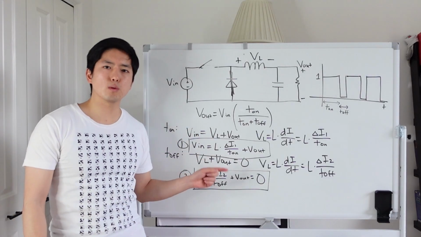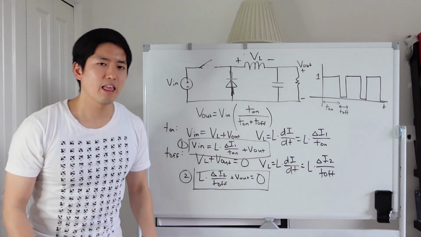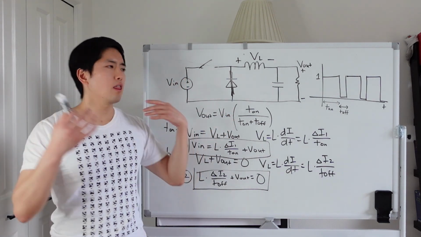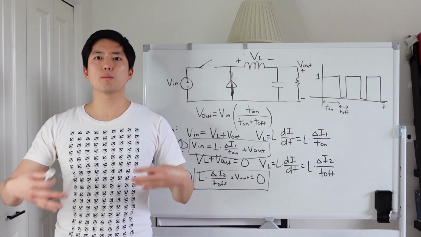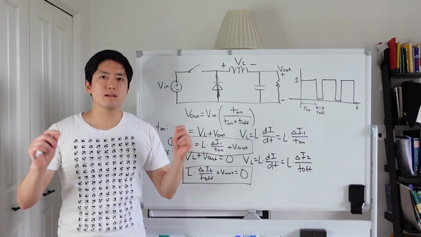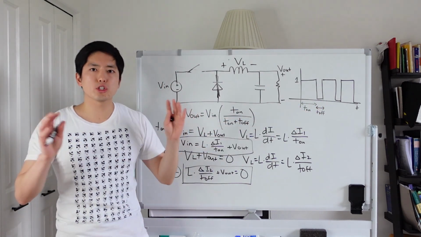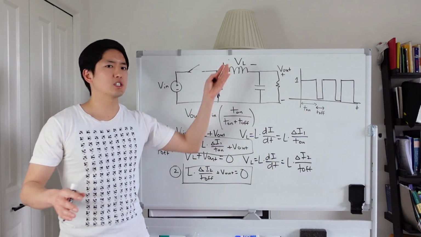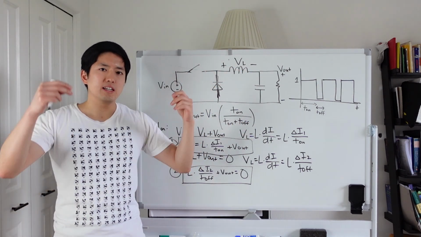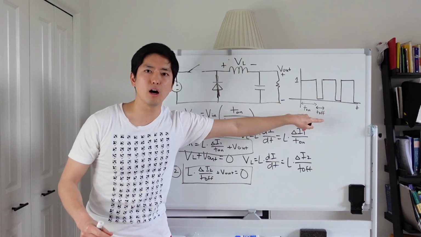In order to figure out the relationship between delta I1 and delta I2, we need to understand that with this switching that is happening, eventually the circuit will reach an equilibrium state. A steady state, if you will. This will mean that after each switching cycle, the energy stored in each of the components, for instance the inductor as well as the capacitor, the amount of energy stored in each of these components will be constant after each on-off cycle.